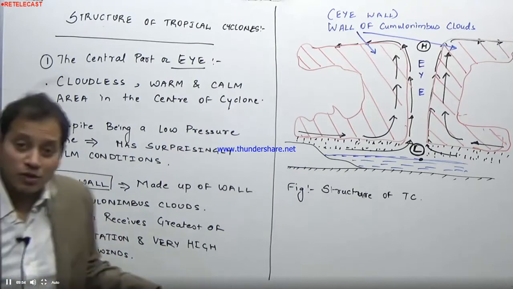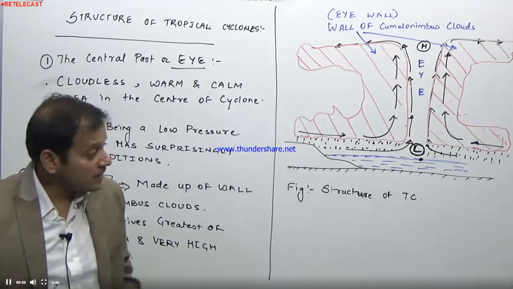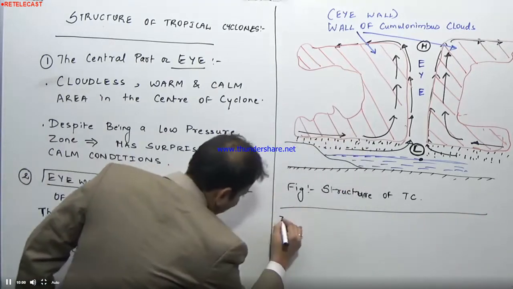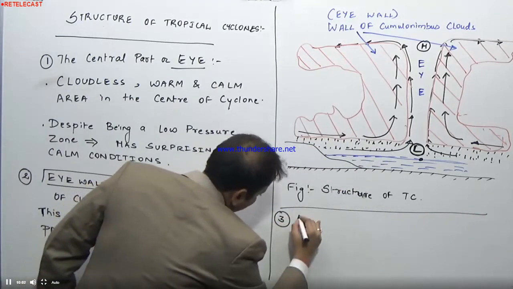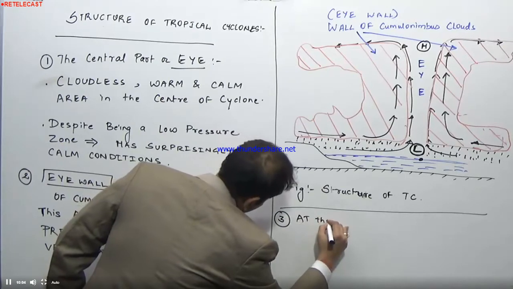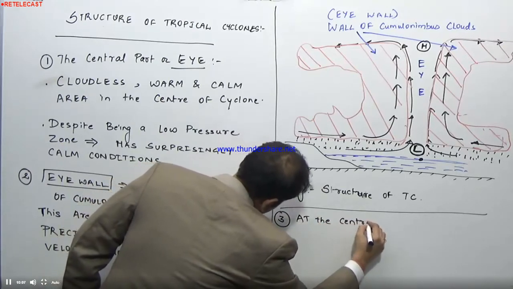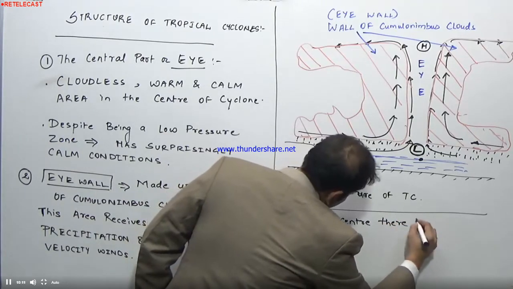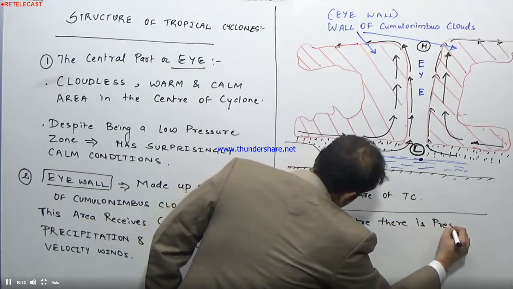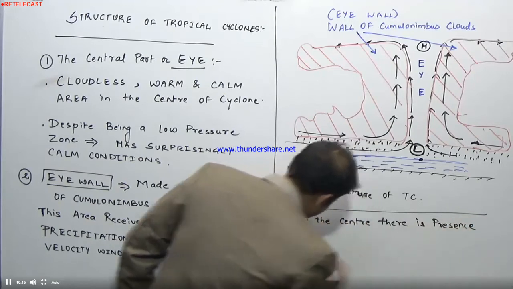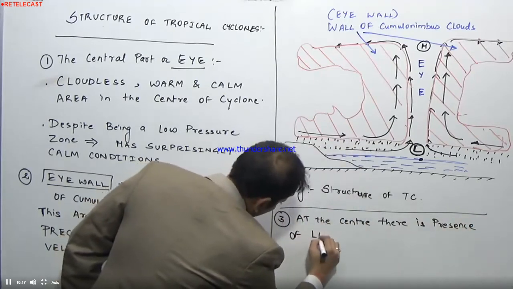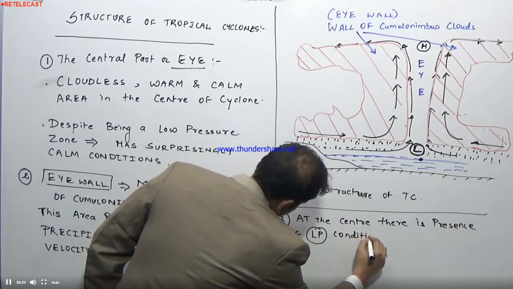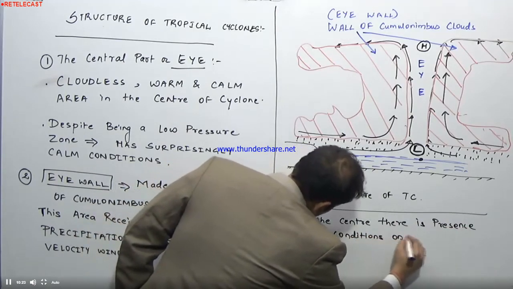So how is the structure of a tropical cyclone? On the ground, in the eye, at the center, there is a presence of low pressure conditions on the ground.